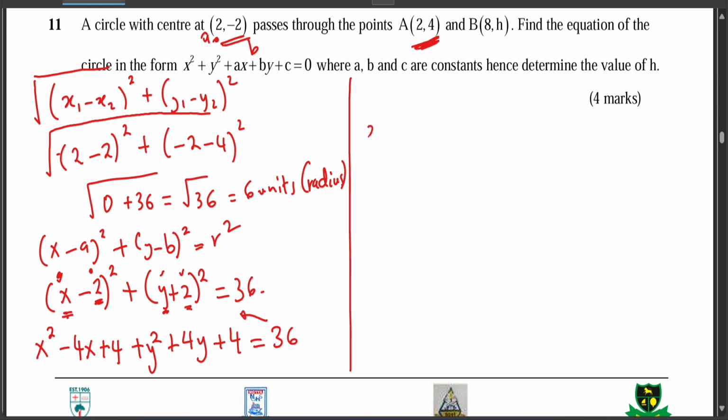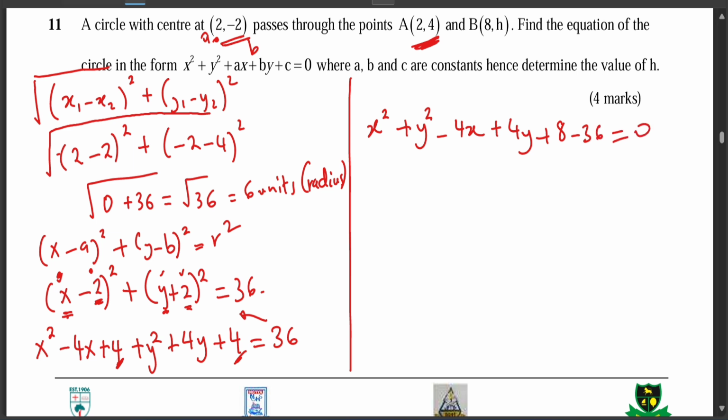So let's collect the like terms. So itakuwa ni x squared, kwa sababu umeambiwa in the form of x squared plus y squared, so x squared plus y squared minus 4x plus 4y. So and then we have 4 plus 4, which is 8, then minus 36, equal to 0.